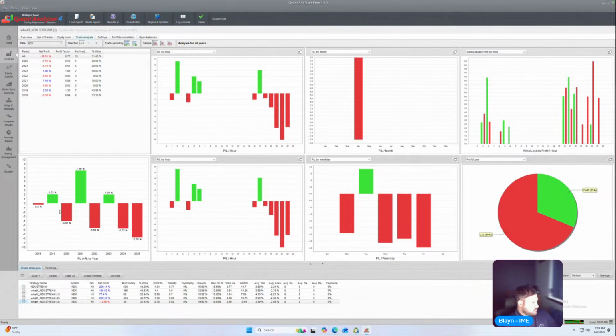Yeah, so 1, 2, 3, 4, 5 negative years, and obviously struggling. We've had 3 good years. 1 year that really stood out, but apart from that, really not good.